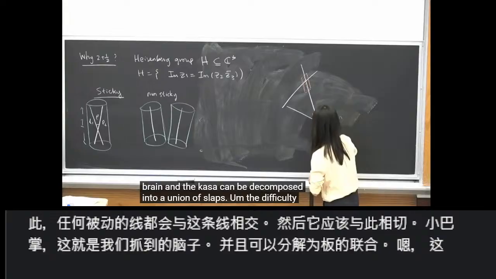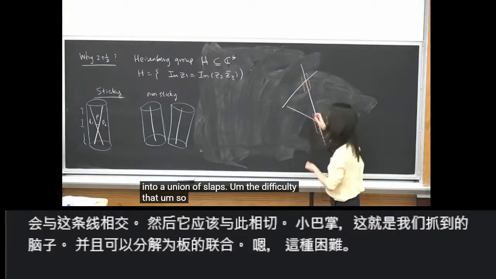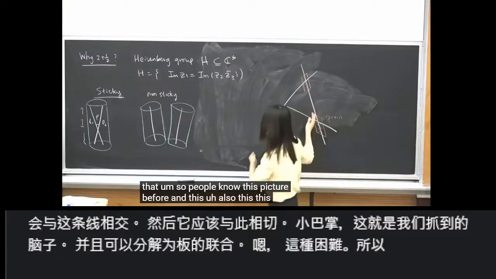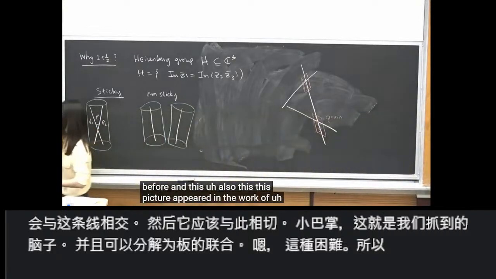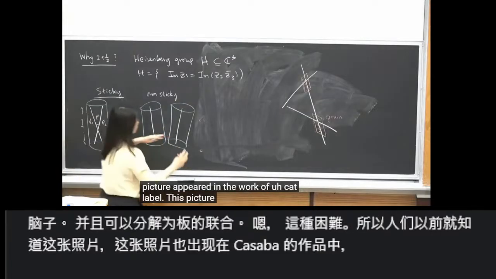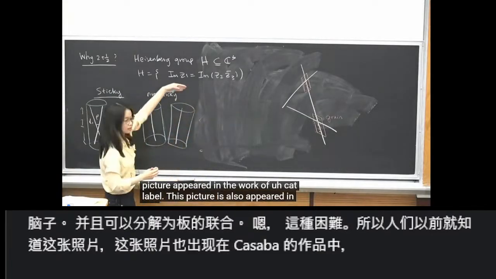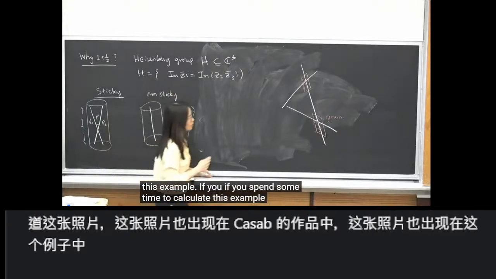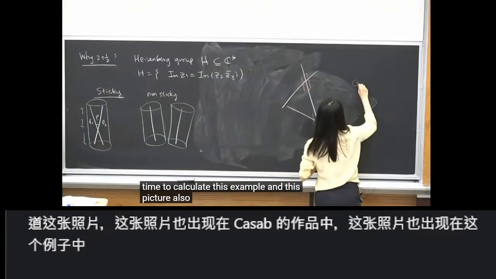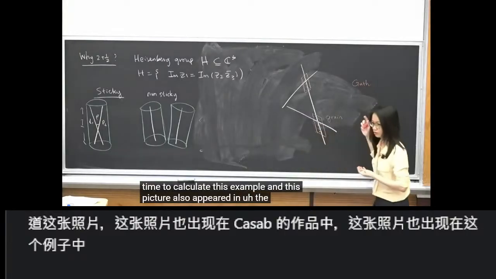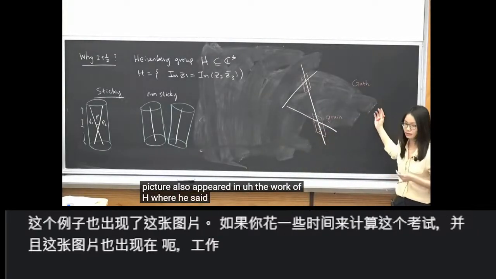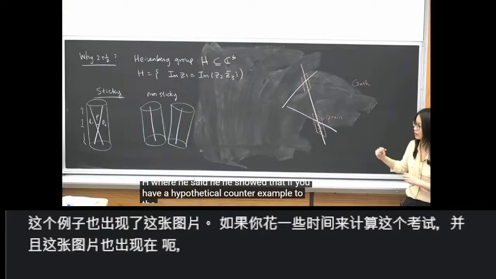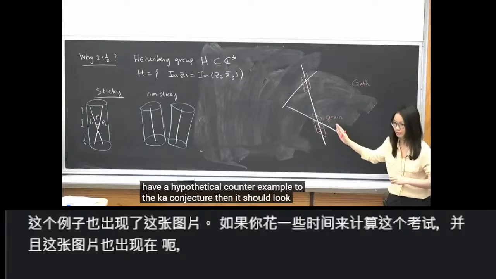People knew this picture before, and this picture appeared in the work of Katz and Zahl. This picture also appears in this example if you spend some time to calculate. And this picture also appeared in the work of Bourgain, where he showed that a hypothetical counterexample to the Kakeya conjecture should look like this.